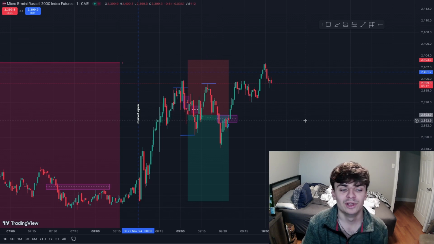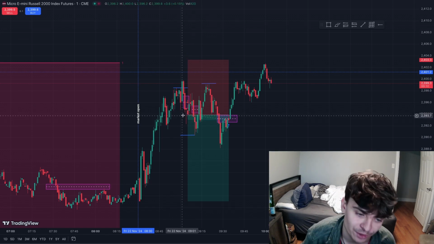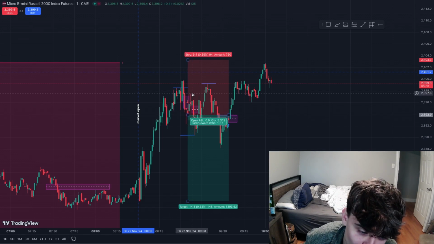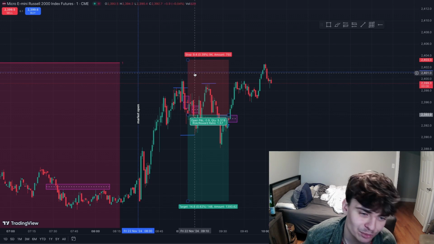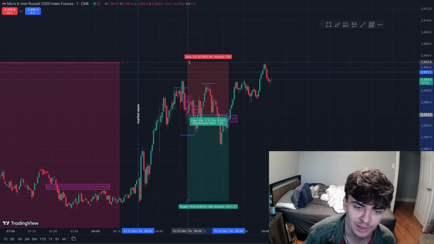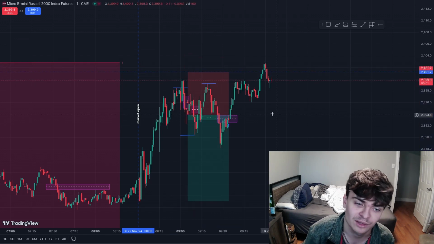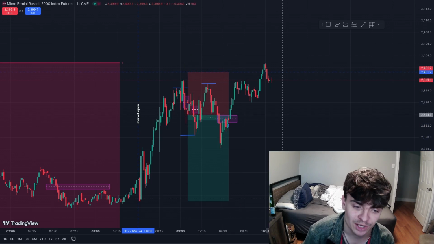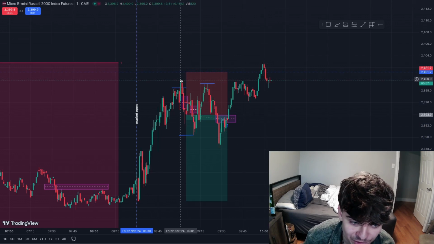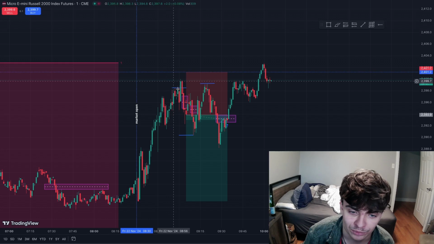So I entered based off that. We went into a drawdown quite instantly. I thought that possibly we were just going to be... Oh wait, that was not my stop loss. My stop loss was that. My stop loss was the previous high, or not this previous high, but the high that we just swept.